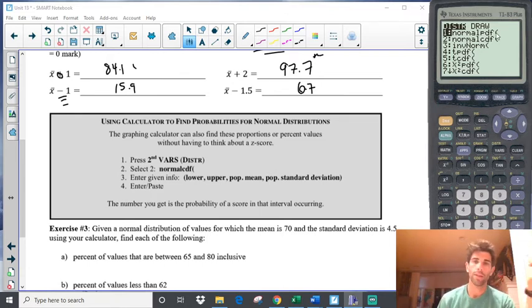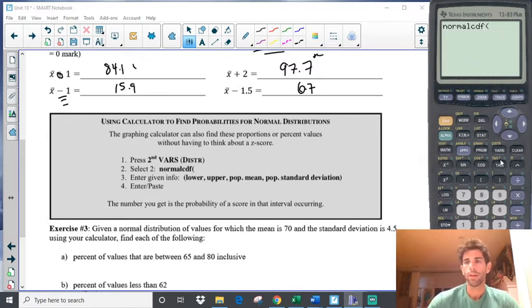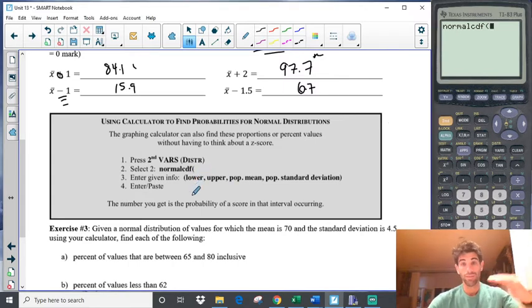Now, things will get different from this point because when I hit second and then go down to number 2 and hit enter, if you have the newer calculator, it's going to have a list format, and you're going to put in the lower bound, the upper bound, the mean, and the standard deviation.